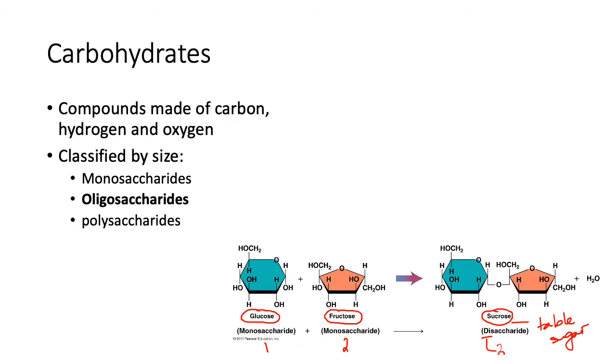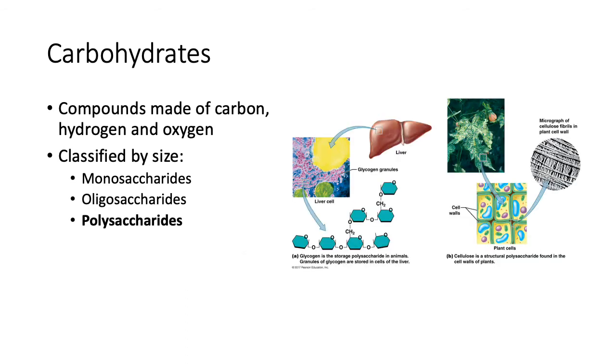But we can get even bigger. We can link even more than just two monosaccharides to create our last classification, which are the polysaccharides. So the polysaccharides are huge. The two common forms, so in humans we have the form glycogen, and glycogen is made by linking thousands of monosaccharides together.